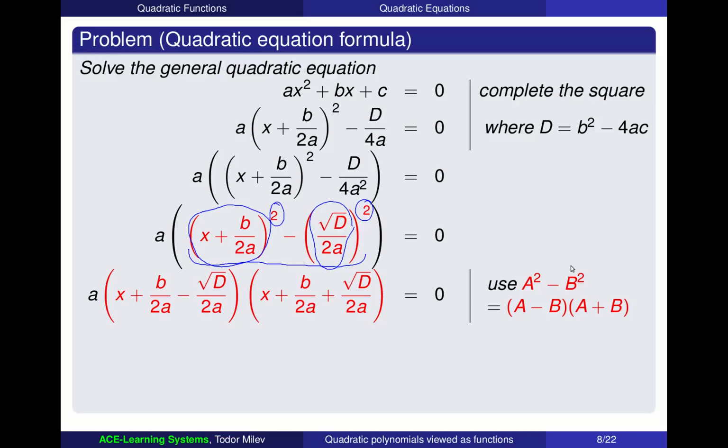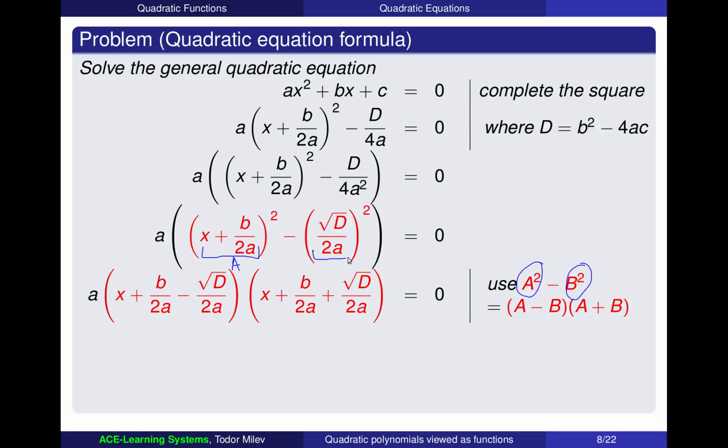But how does that help? Well, let's see. We know that a difference of two squares can be factored. How? If I have a squared minus b squared, that's exactly what I have here. This expression I can call a, and the whole thing becomes a squared.